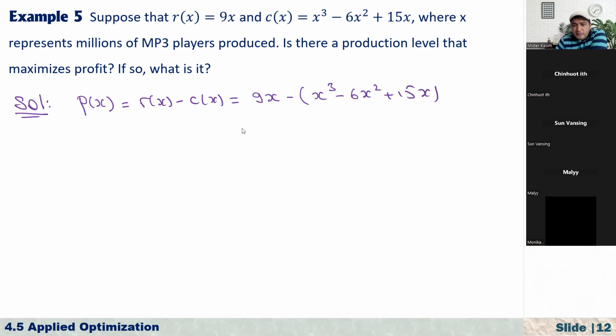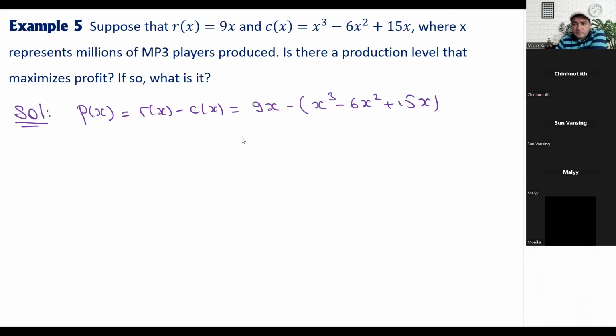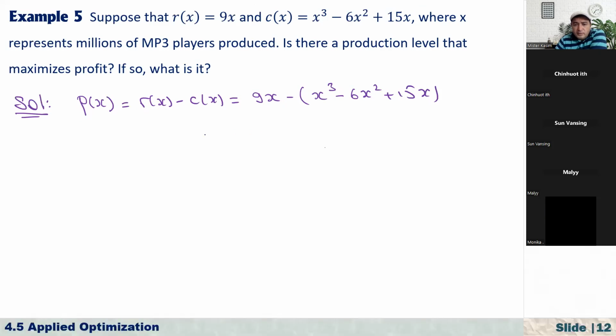Now, if you just simplify this, here we have minus x cubed plus 6x squared, and 9x minus 15x, that is minus 6x, right?